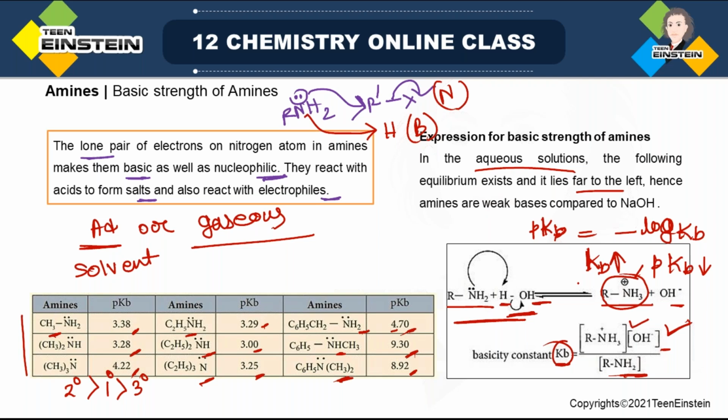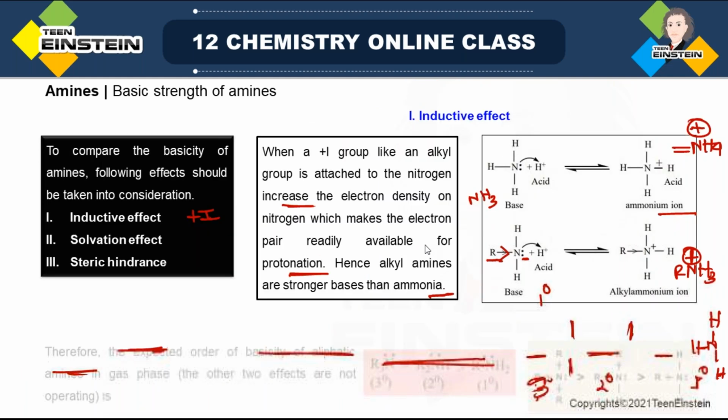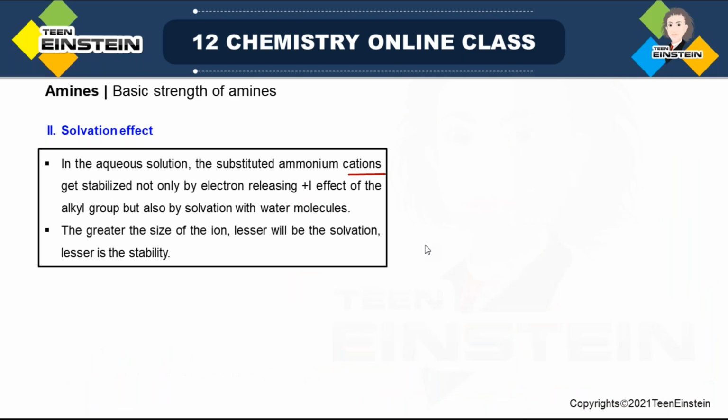So this is the protonated form of 1 degree amine, and if you consider 2 degree amine, then the protonated form will be R2NH2 plus. If it is 3 degree amine, then it should be R3NH, positive charge over nitrogen. So now when we are discussing solvation effect, you have to consider the protonated form.